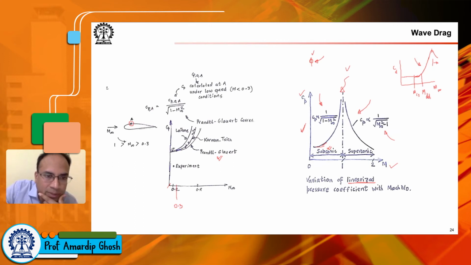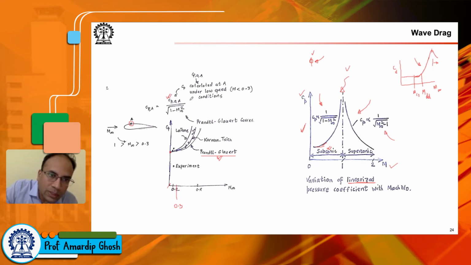So this is perhaps something that you get. Now, if you measure the Cp at this point at other Mach numbers, you see that it follows a trend like this. We have the Prandtl-Glauert curve fit, which essentially gives you a way in which you can obtain this Cp by just finding Cp at a low Mach number.